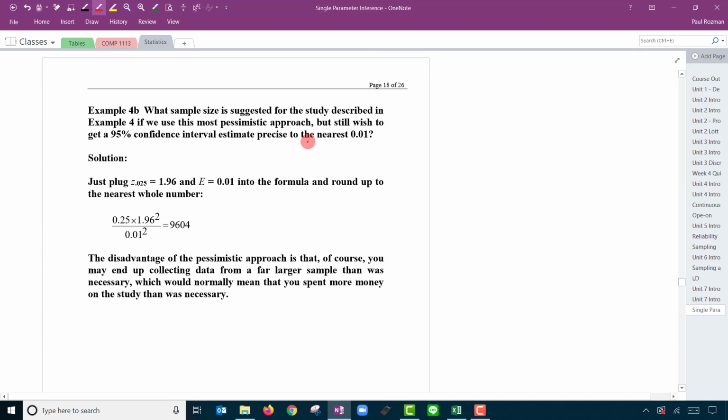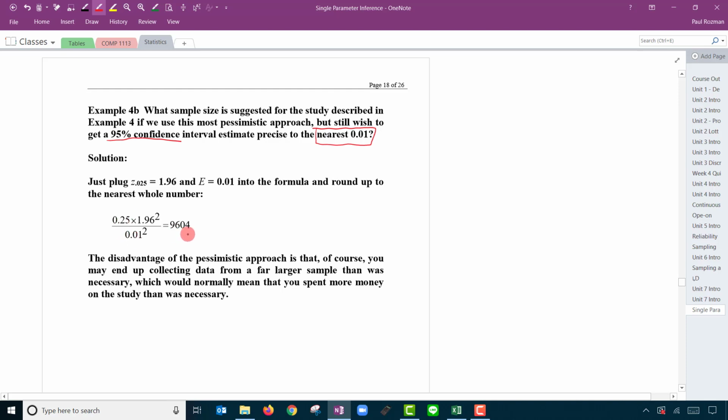Again, we wanted to do the same problem where we're doing 95% confidence, and we want to keep our error down to 1%. What sample size do we need in the pessimistic approach? Well, just plug in 1.96 into our formula, plug the error into the formula, and leave that 0.25. That's just a constant in the formula.